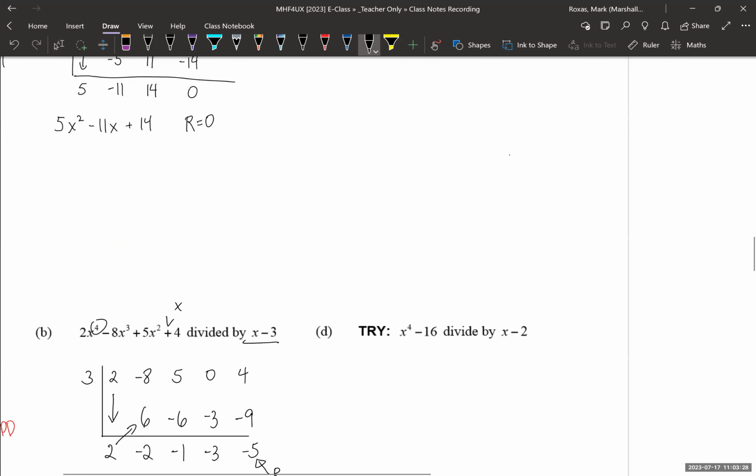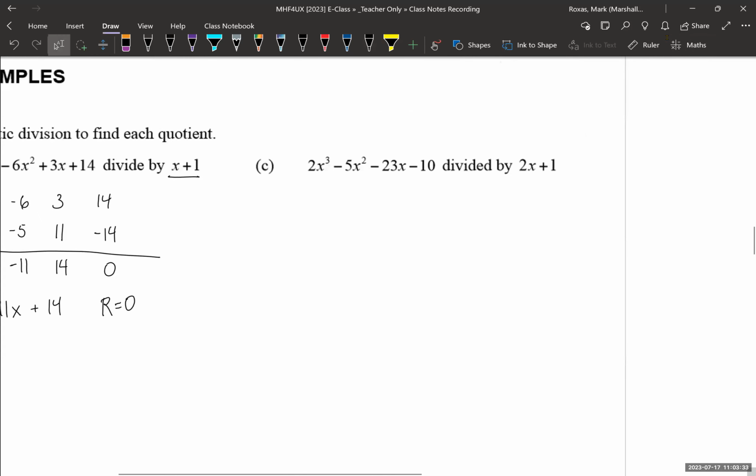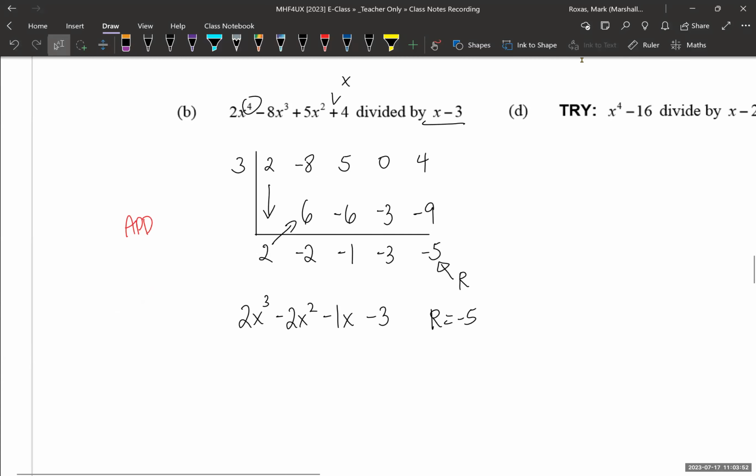Let's try another one. Part C. Actually, before I go there, let's make sure that when we do these kinds of questions, we write the proper form, or quotient form. So if I go back to that question again, 2x to the power 4 minus 8x cubed plus 5x squared plus 4, we're dividing it by x minus 3.